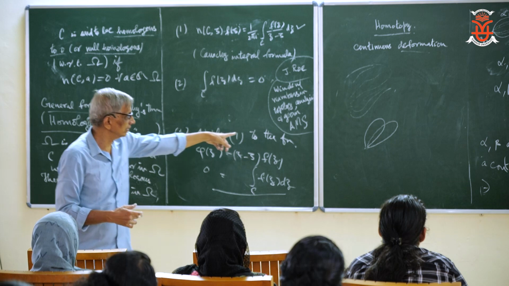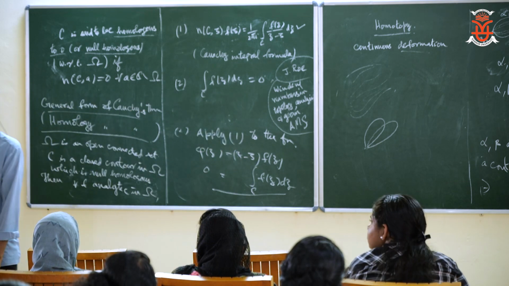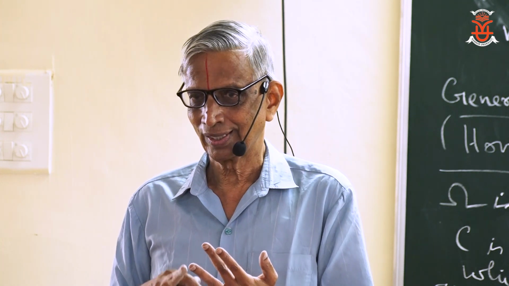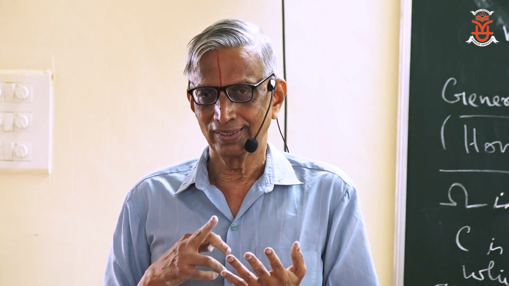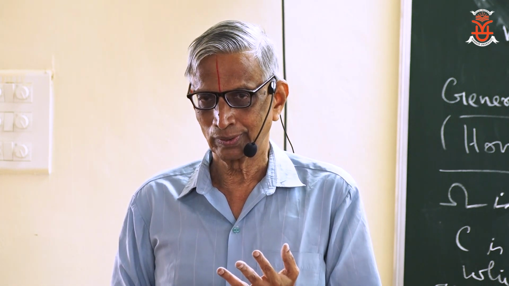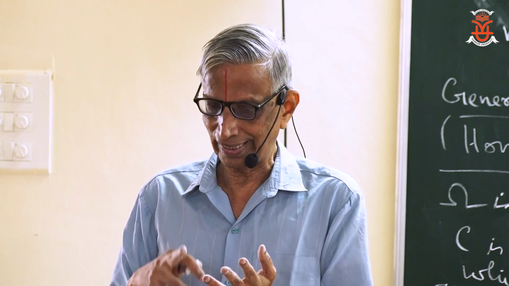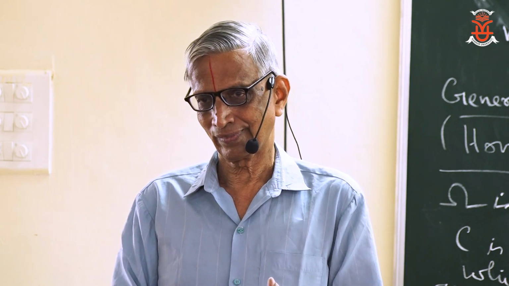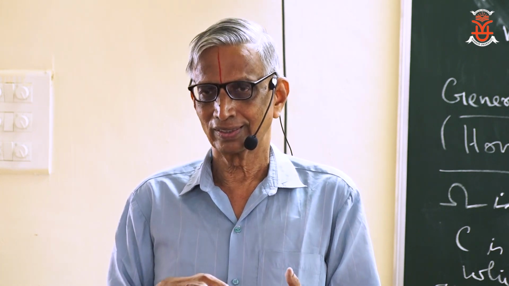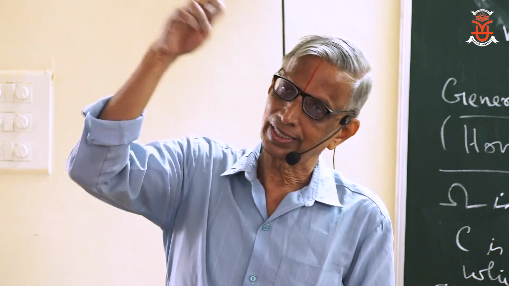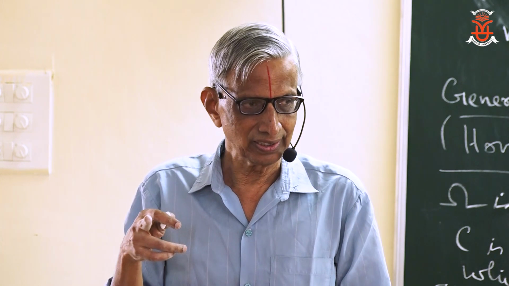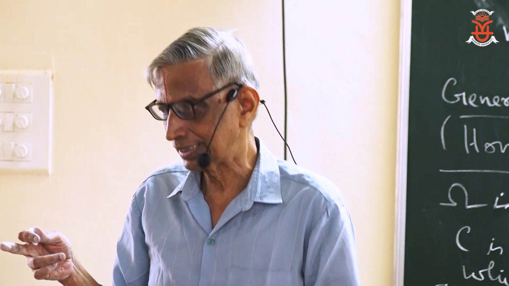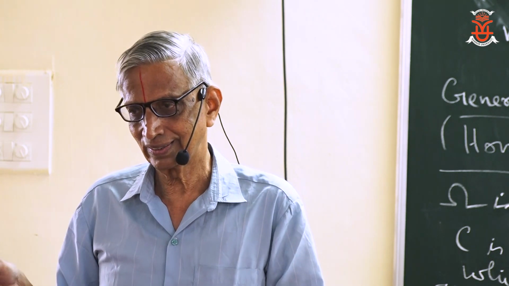we have two loops like this, let's say, which are homotopic, then many things happen. One, the index of one curve is the same as the index of the other curve. Number two, for any analytic function, the integral over the first curve of f(z) dz is the same as the integral over the second curve.